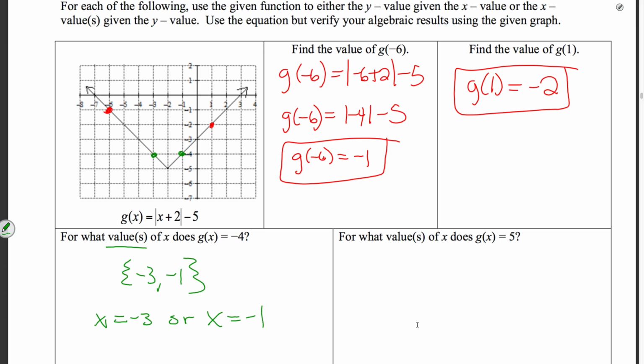Finally, we could use our newfound function notation, and we could say g of -3 equals -4, or g of -1 equals -4.